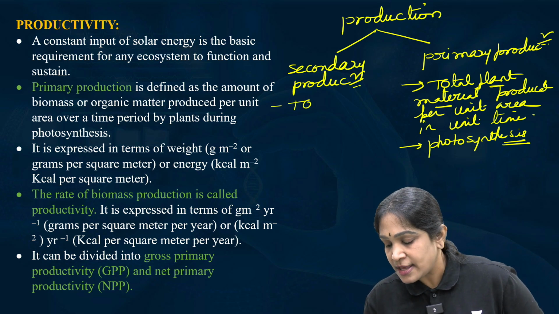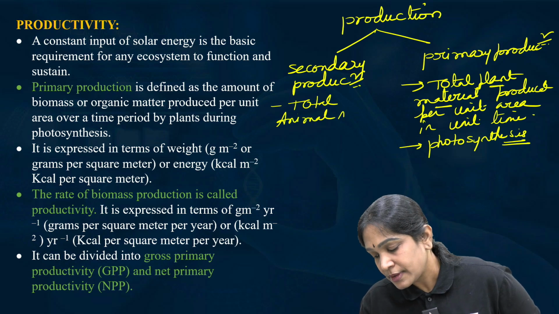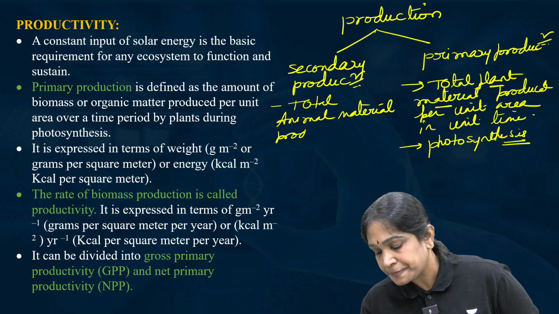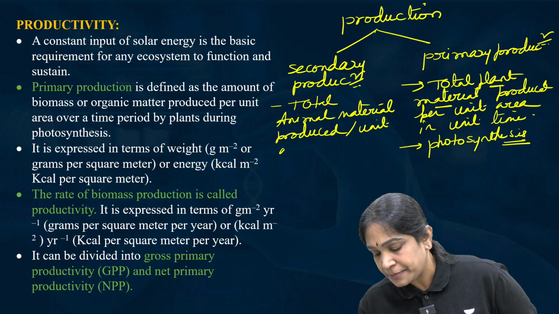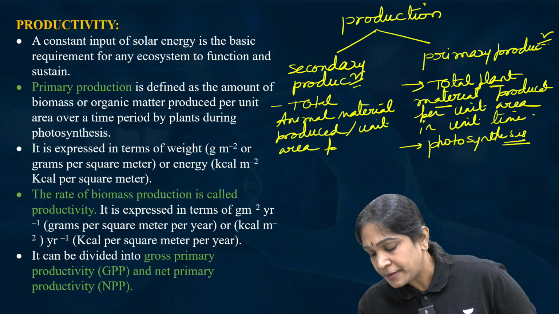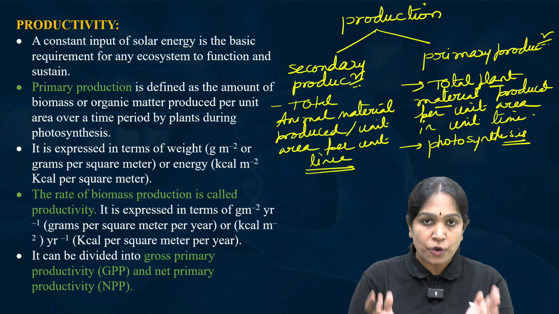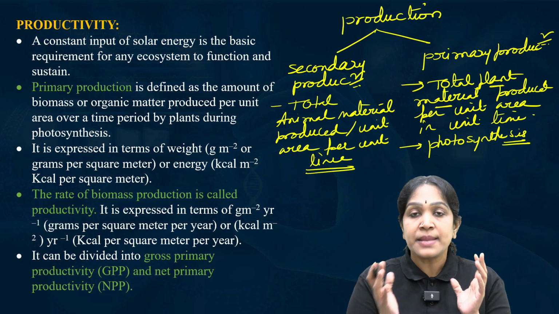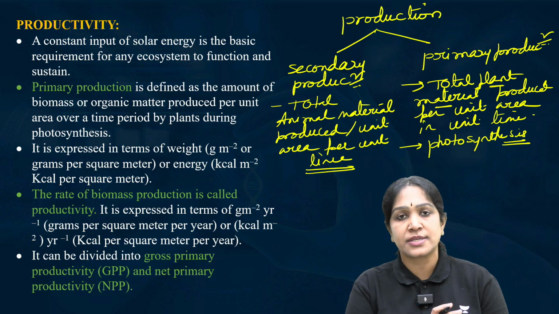Secondary production is the total animal material produced per unit area per unit time. Like for example, in 1 square kilometer, in 1 year duration, how much animal material is produced is called secondary production.